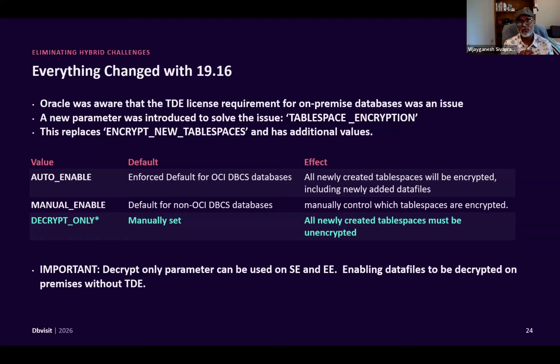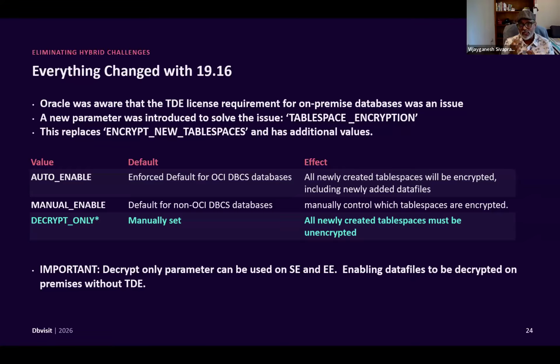The third one is decrypt only. This is mainly set on your on-premise environments, because any tablespace or data file that is migrated from your OCI primary database to an on-premise unencrypted system will be decrypted by this parameter.